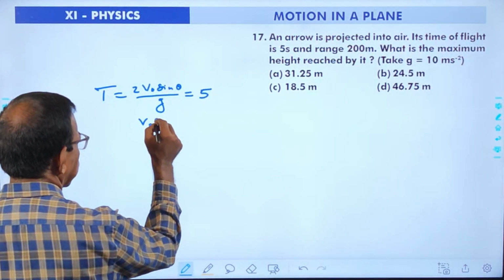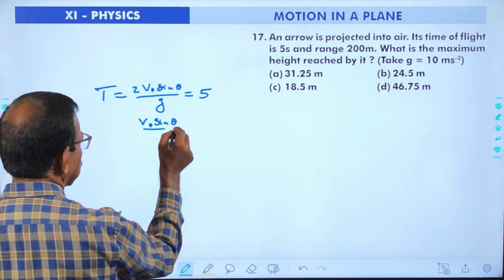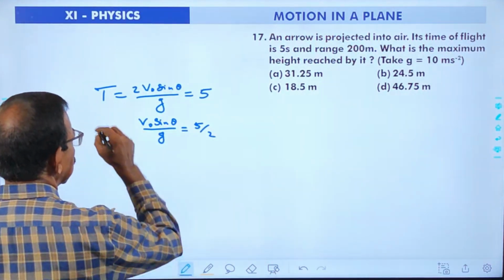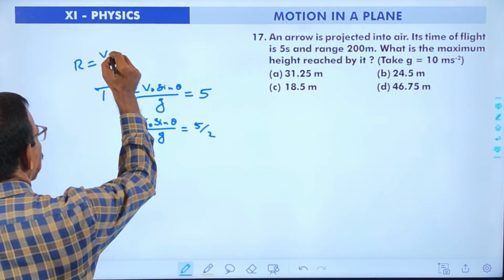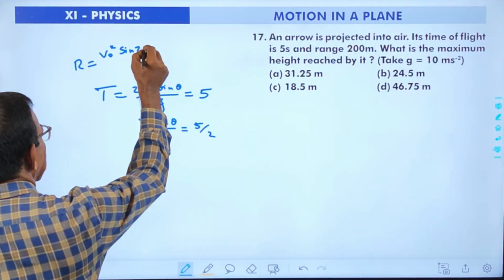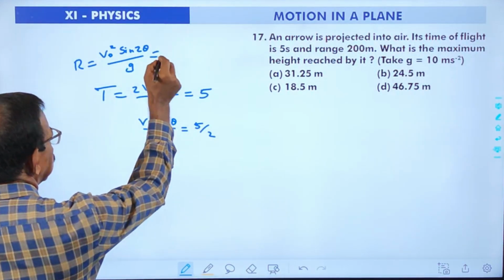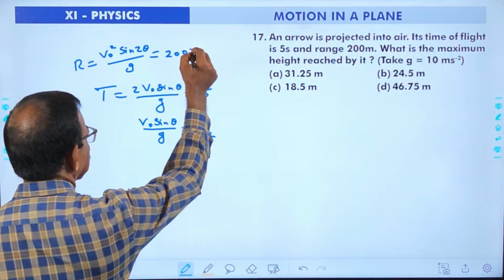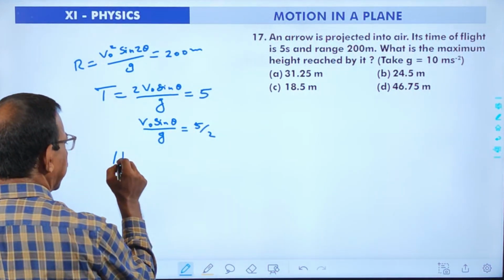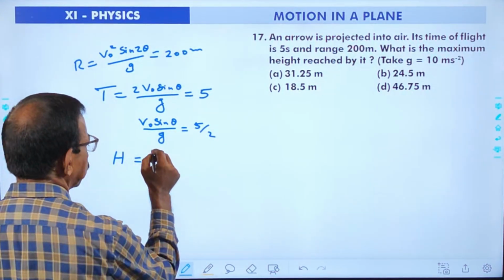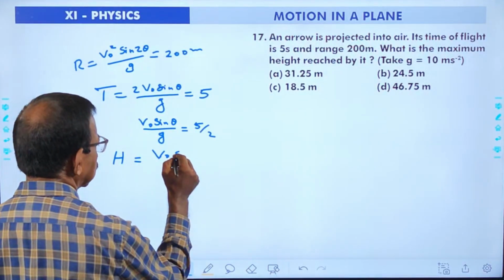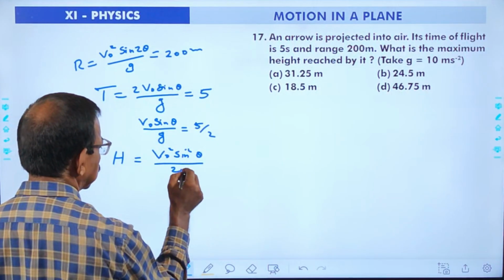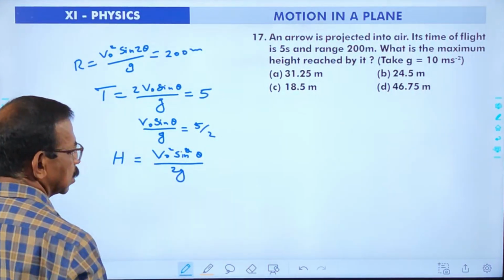From this I may write V0 sin theta by G equals 5 by 2. Another data is given, R equals V0 square sin 2 theta by G equals 200 meter. It may remain there. We have to calculate maximum height. Maximum height is V0 square sin square theta by 2G. This is the relation for maximum height.